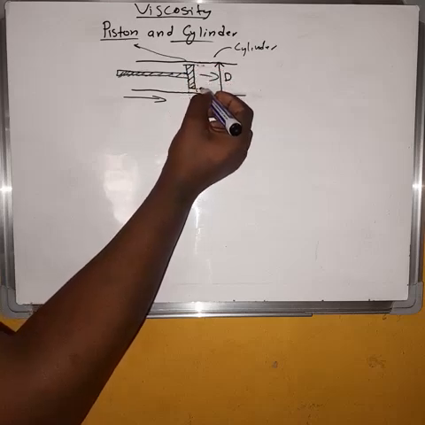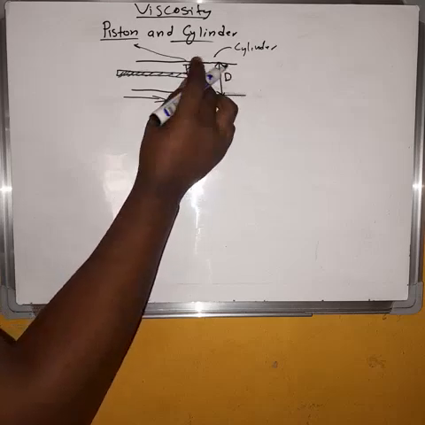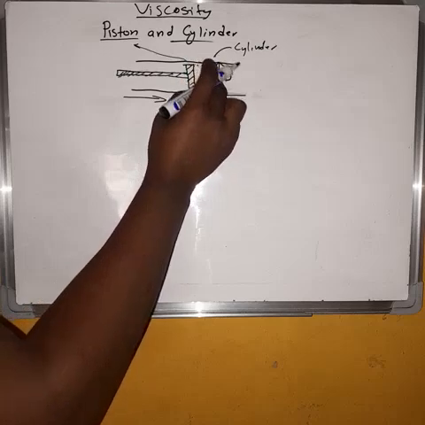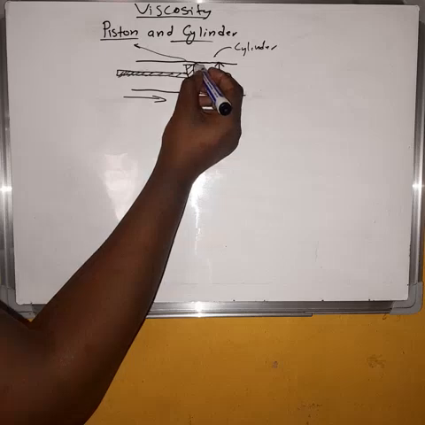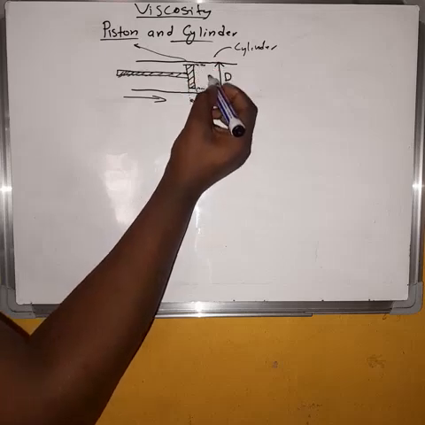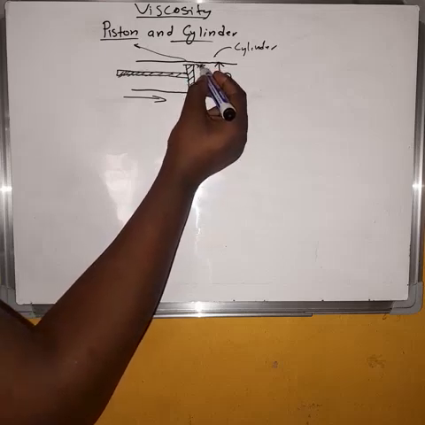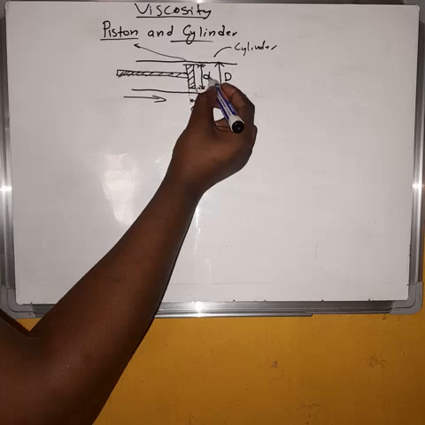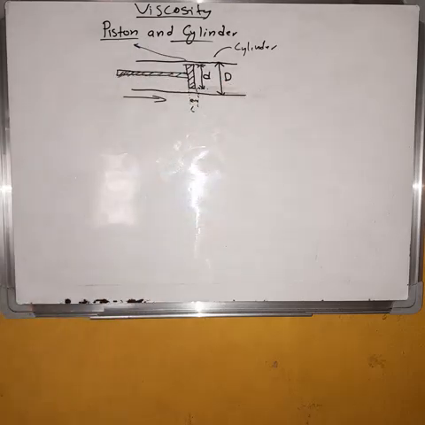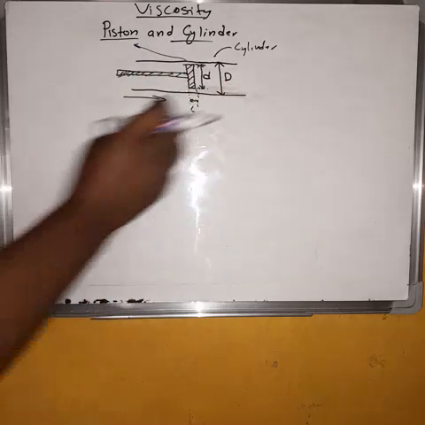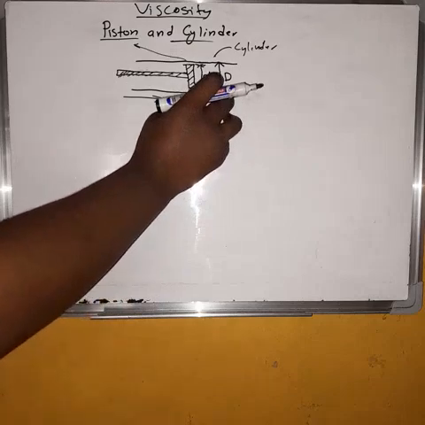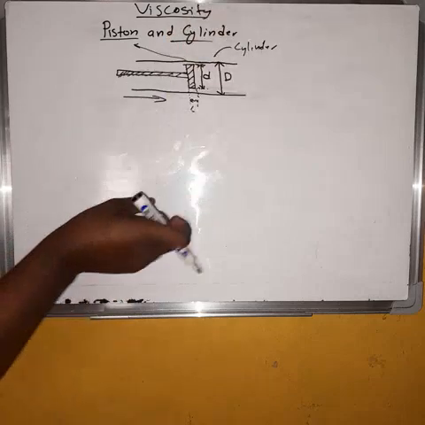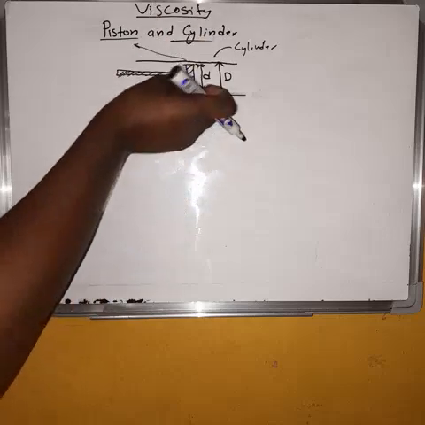This is the bore of the piston itself, small letter d. This is the diameter of the cylinder and piston.